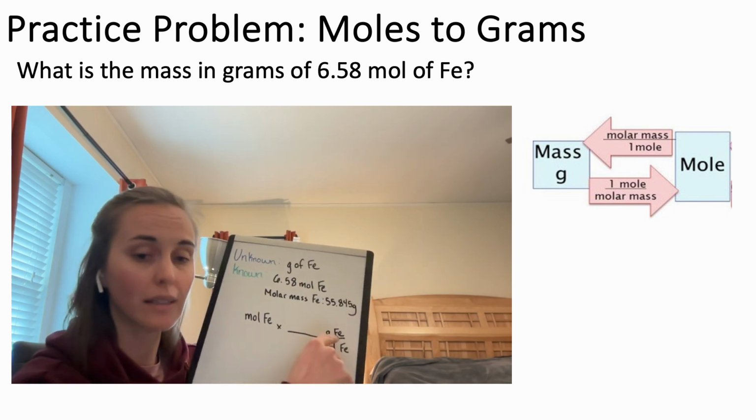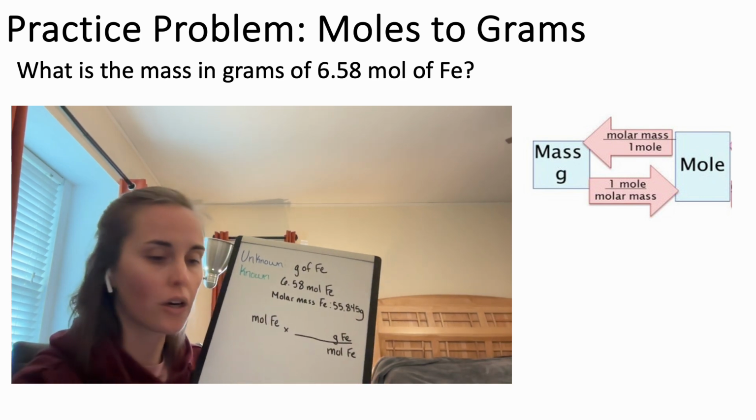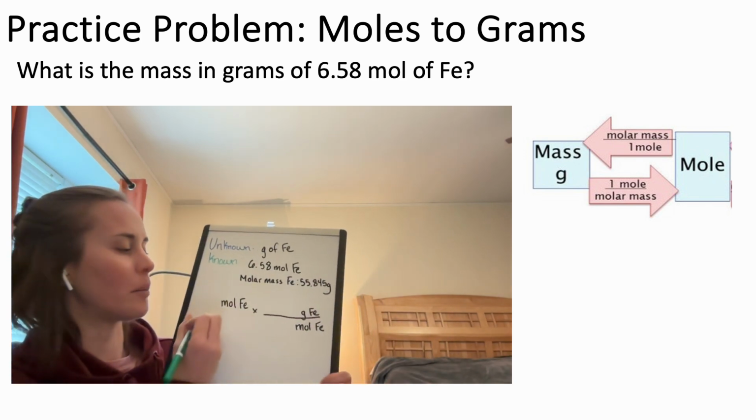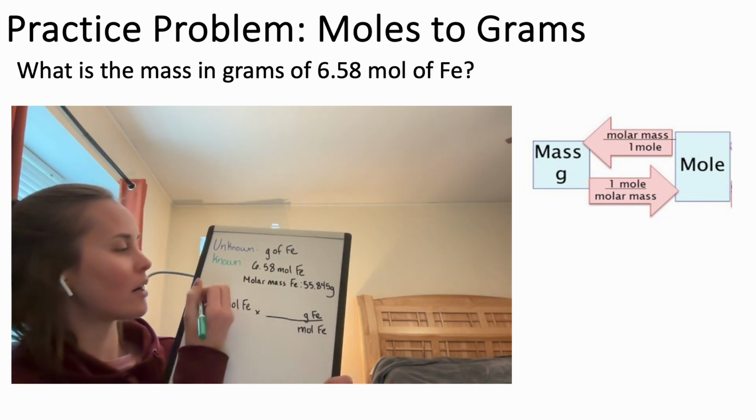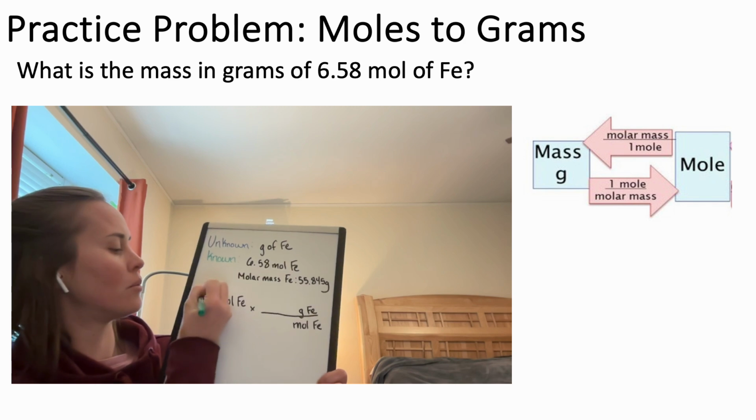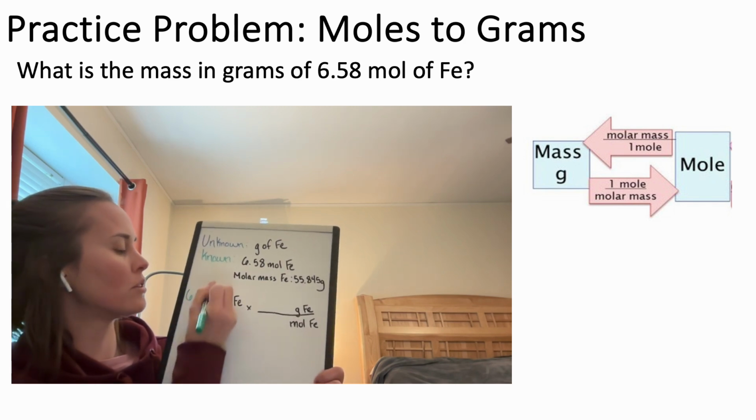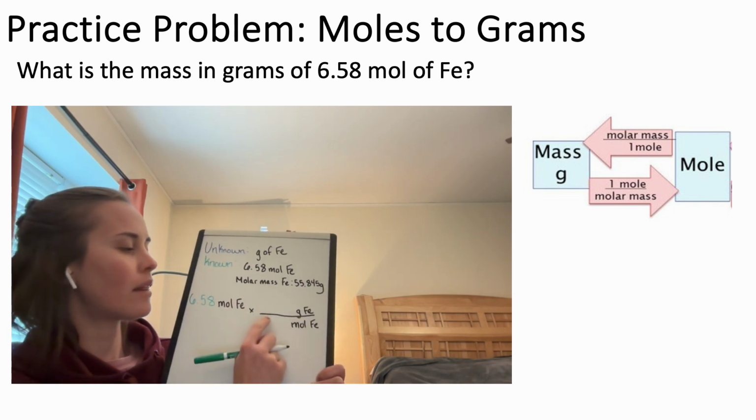Okay, so now that we've written out our units and we know this is going to get us to the unit we want, grams of iron, we can fill in our numbers. How many moles of iron do we have? We have 6.58 moles of iron. And how many grams of iron do we have?